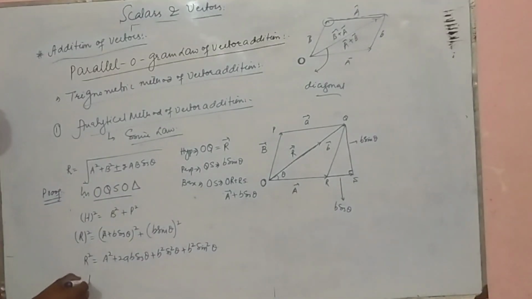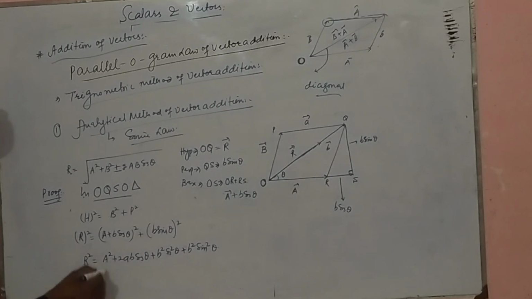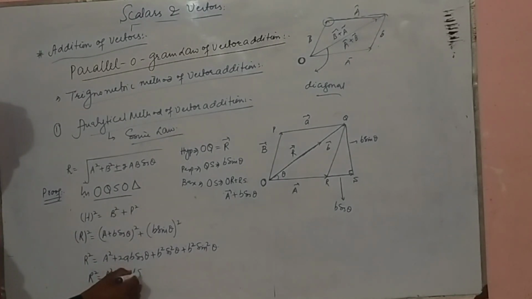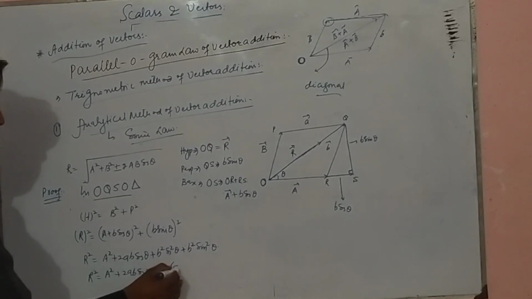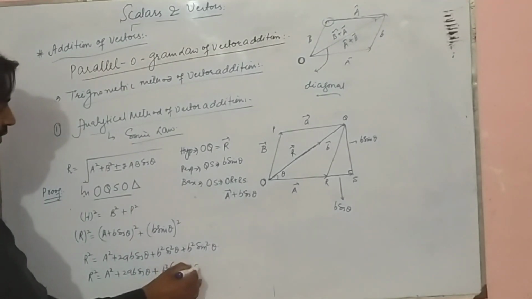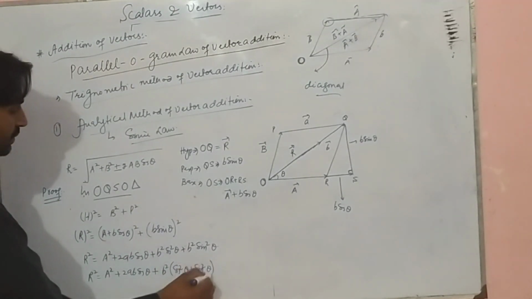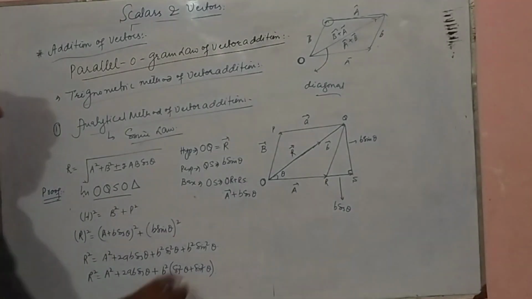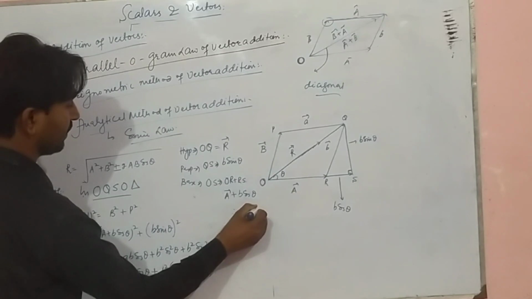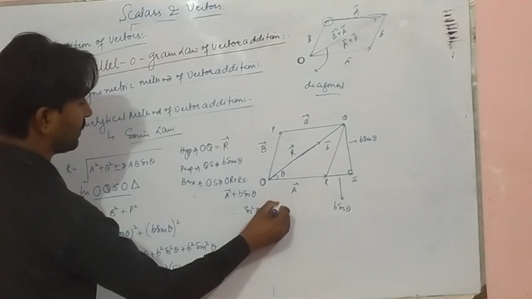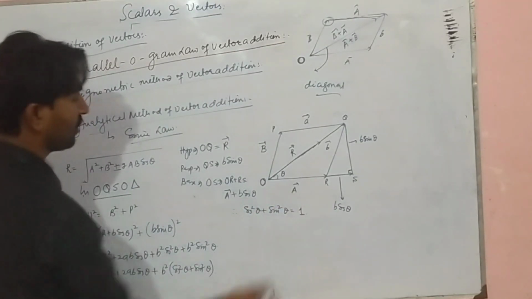So the resultant R square is A square plus 2AB cos theta plus, taking B square common, cos square theta plus sin square theta. According to trigonometry, cos square theta plus sin square theta equals 1.